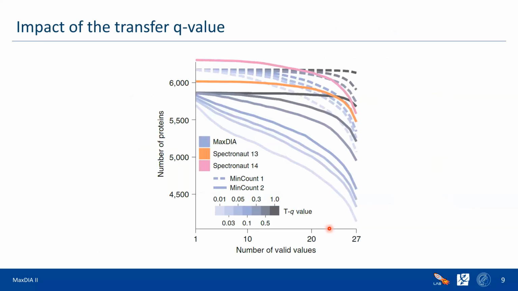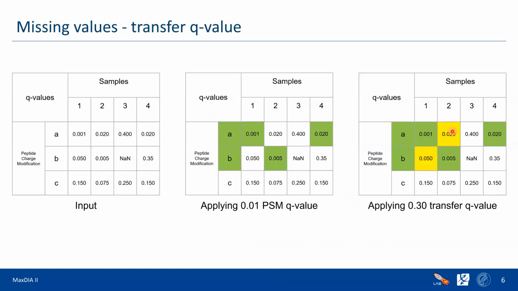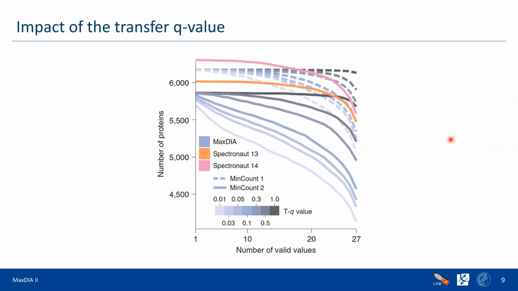Also, you may notice this transfer Q-value influences a lot the number of missing values on average, and it totally makes sense. If you, for example, take, as I said, transfer Q-value 1, then if you have any Q-value, if not none, for all samples, then you take all these samples into account. But that's exactly what we see here.